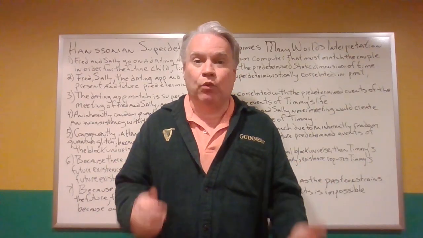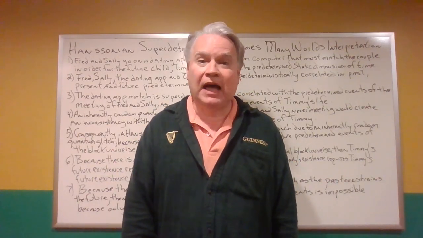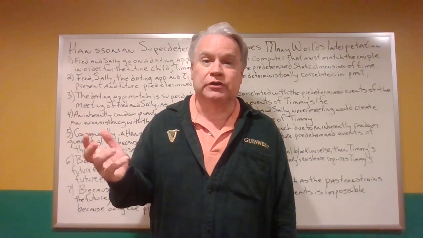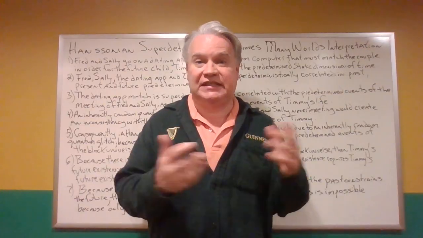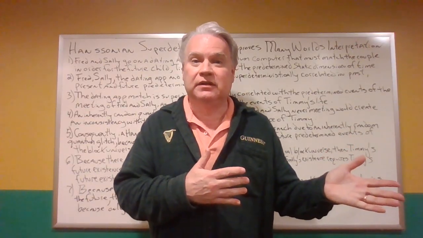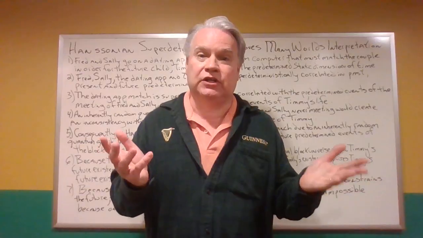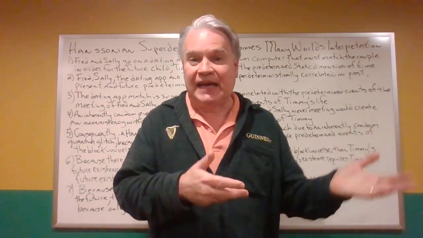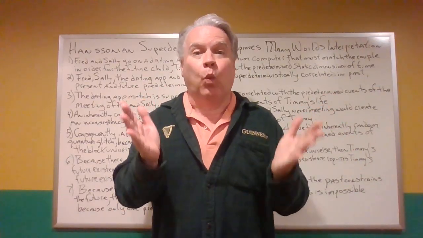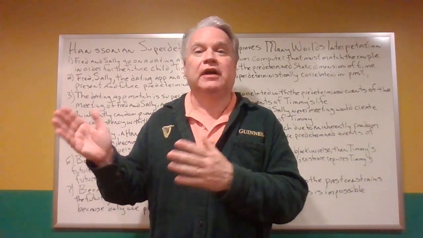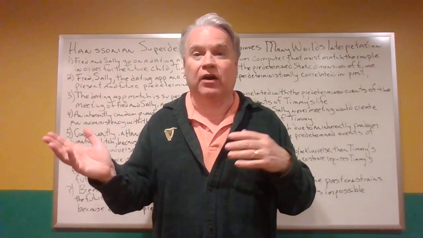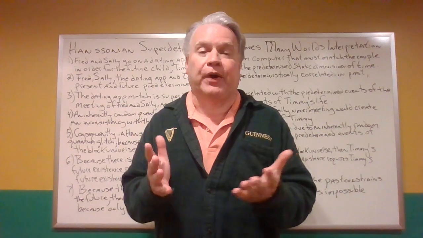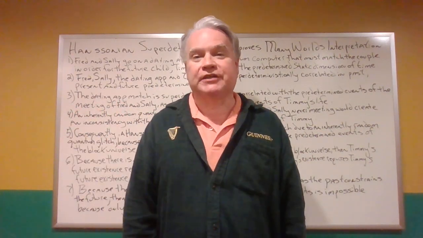So the many worlds interpretation is impossible, because that says you can have multiple futures branching off the same exact past events. But in a Hanssonian superdeterministic universe, that is impossible, because the past events can only have one predetermined future that fits within the entire superdeterministic correlations of the entire block. And therefore, you can't have branching into different possible futures.